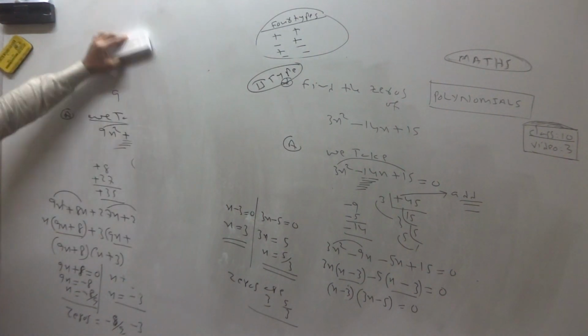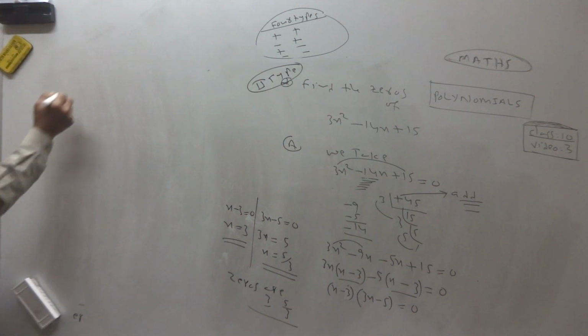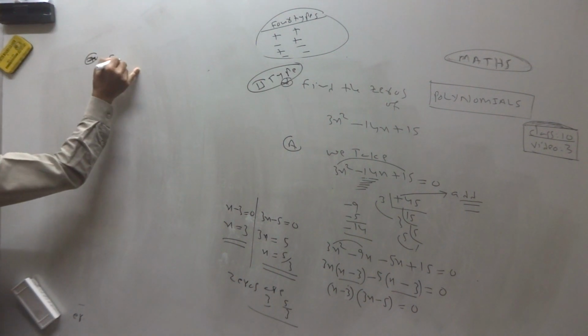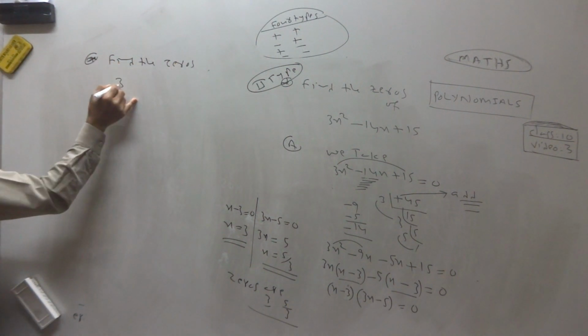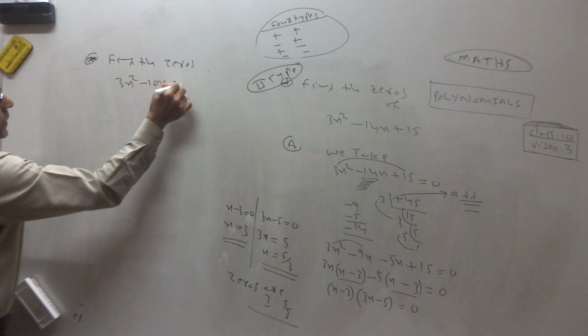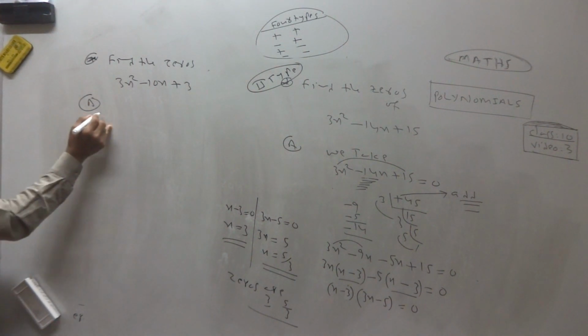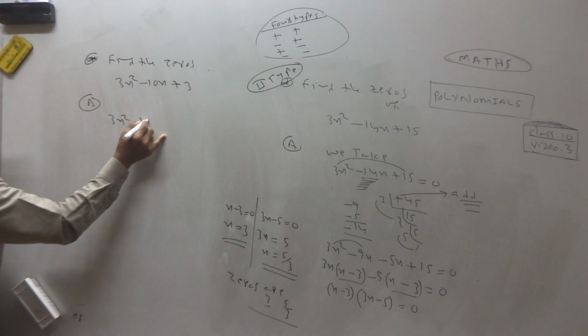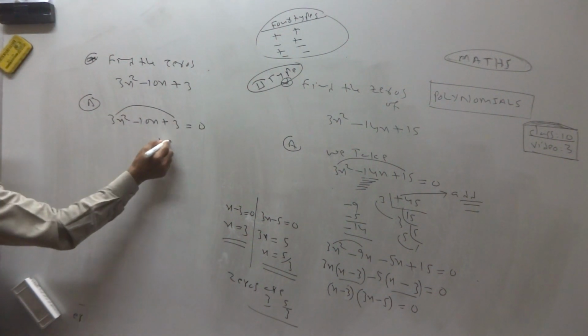For the second type I am doing one more question. Let's say find the zeros of 3x square minus 10x plus 3. One more question, so same method. First you should take this equal to 0. 3 threes are 9.